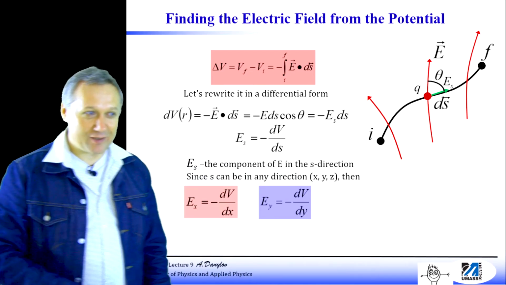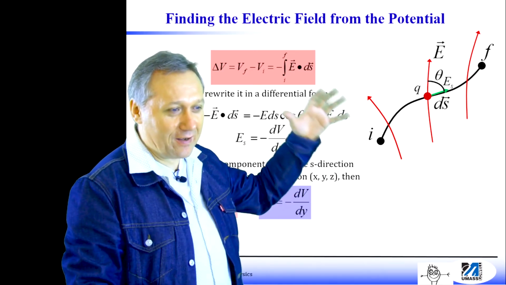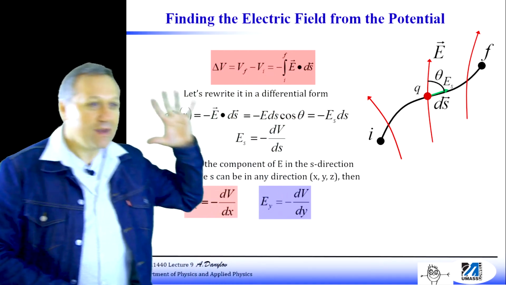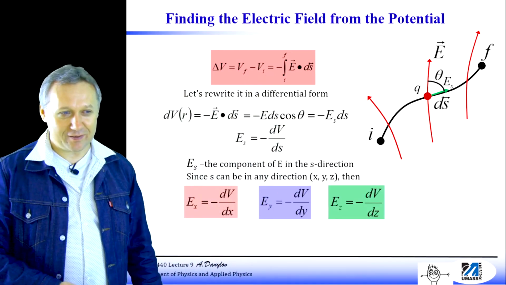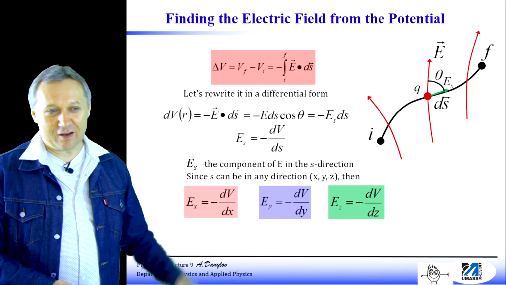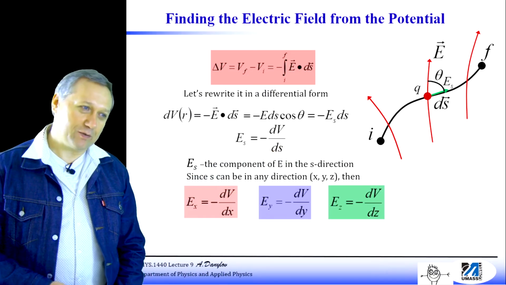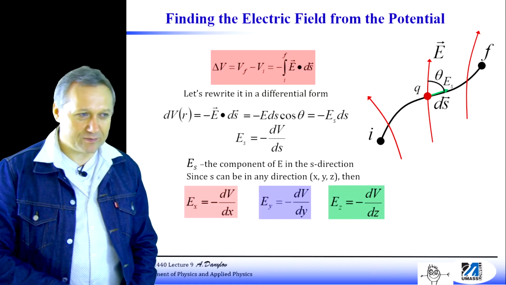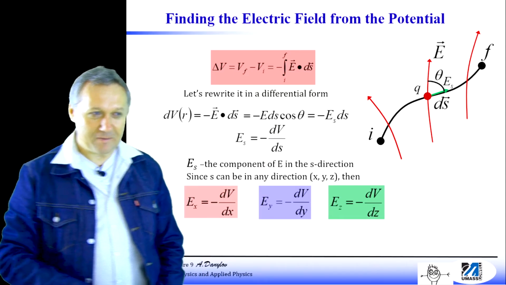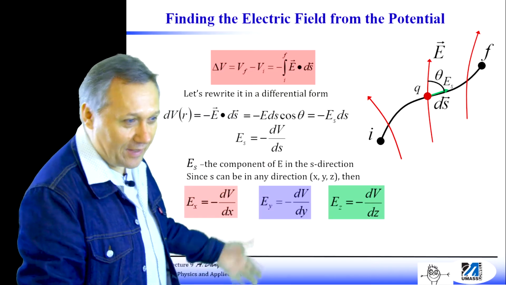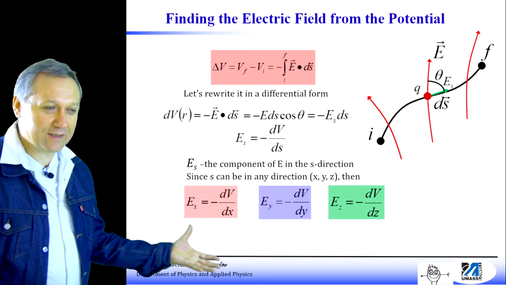And again, pronouncing exactly the same, I can write the formula for the Z component of the electric field. E sub Z equals minus dV over dz, the rate of change of the electric potential with respect to Z. So that's how we can find components of the electric field.